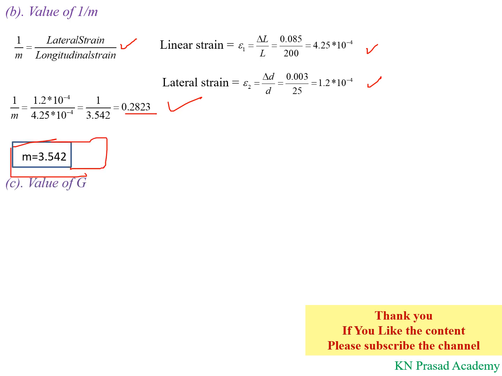Next we are going to calculate the G value, the shear modulus. In the previous lecture, we learned the relationship between the Young's modulus and the shear modulus, that is the Young's modulus E equal to 2G into 1 plus 1 by M. We already determined the E value and also the M value.